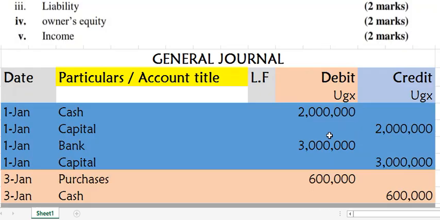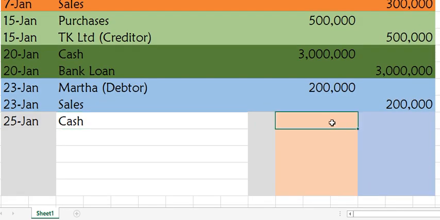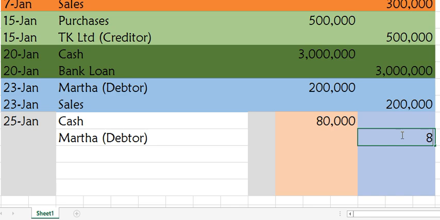Martha is paying 80,000. So now Martha's account is going to be credited. We are going to reduce Martha's account because she is now paying part of the credit. Out of the 200,000, Martha has paid 80,000, so Martha has paid part of the credit.